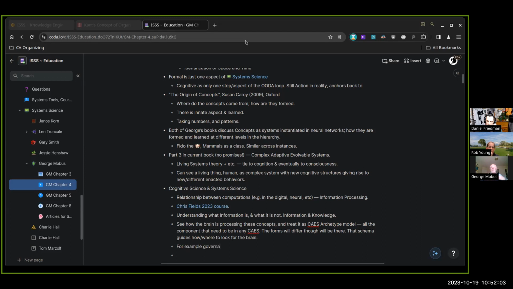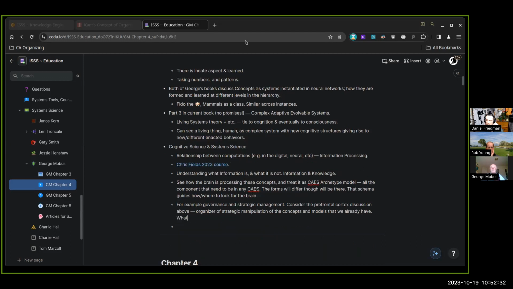And now we're finally coming to understand the prefrontal cortex, and more specifically the frontal polar area, as being that organizer of strategic manipulation of concepts or models that we already have, conducting these what-if questions: in the distant future such and such happens, what should we do? Those strategic kinds of questions.